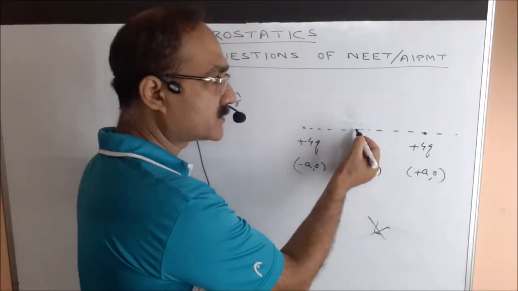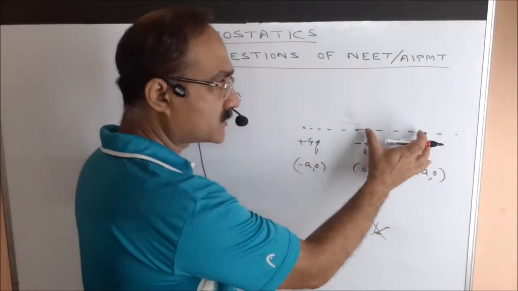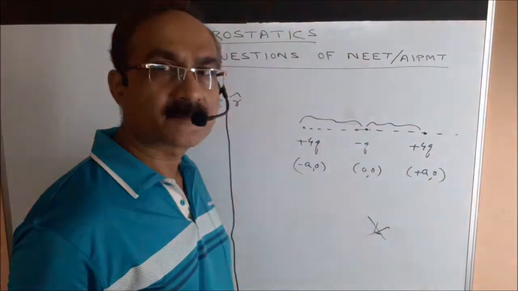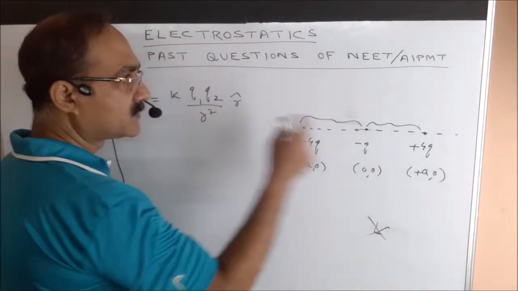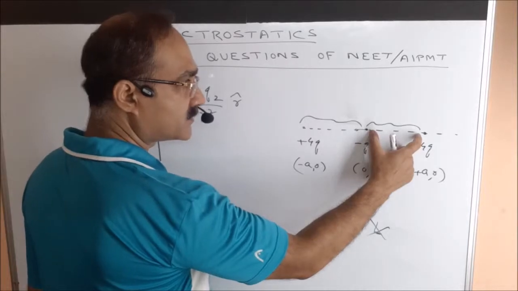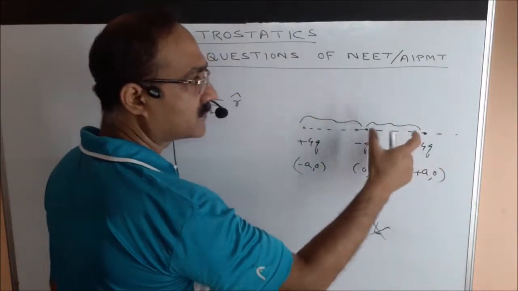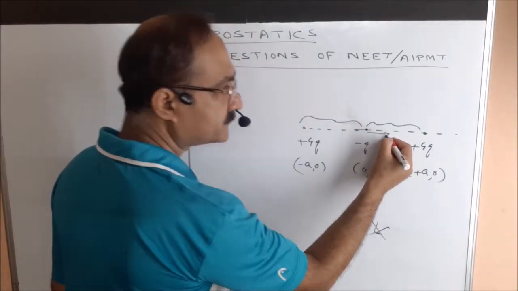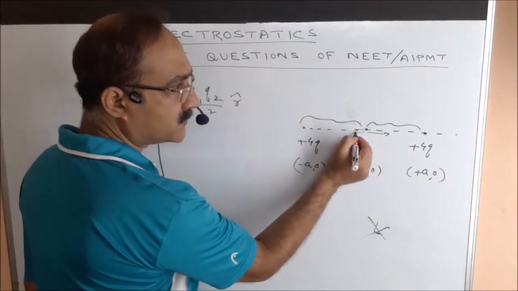So if I displace it a little towards the right, this distance will be less than this distance, right? So as per Coulomb's law, since this distance is decreased, this force will be larger. That means this force of attraction on this will be larger than the force of attraction on this side.